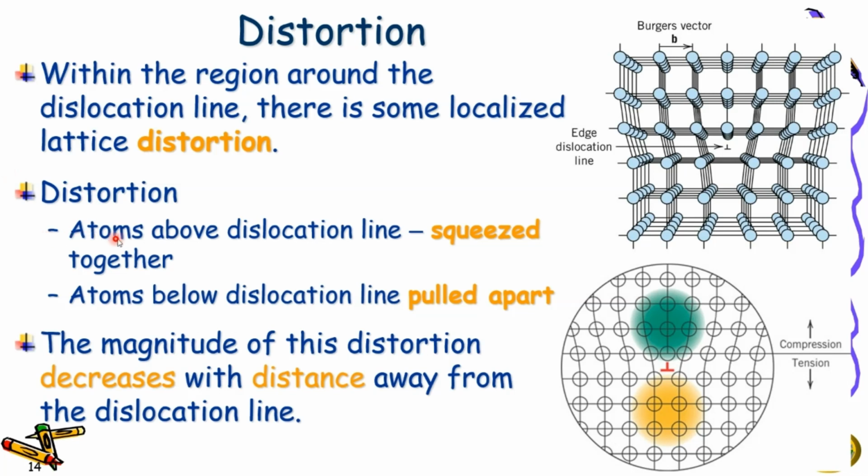The atoms above the dislocation line are squeezed together, so the density here is higher because they are closer. The atoms below are apart because they were pulled apart. And the magnitude of this distortion decreases as the distance away from the dislocation line increases.